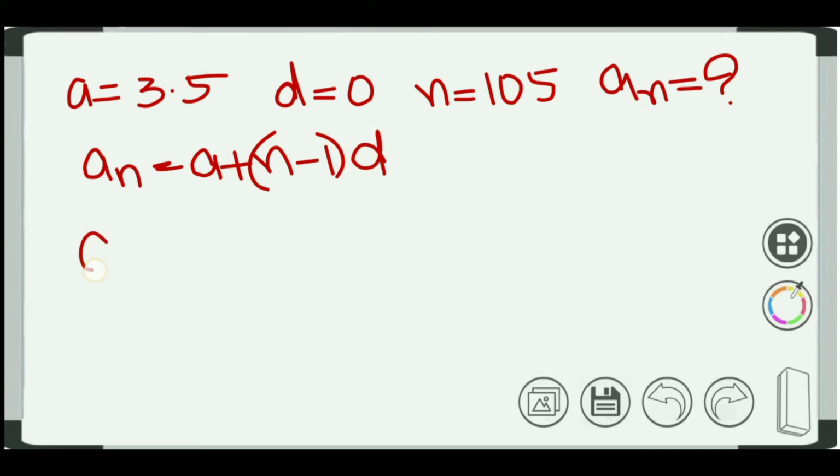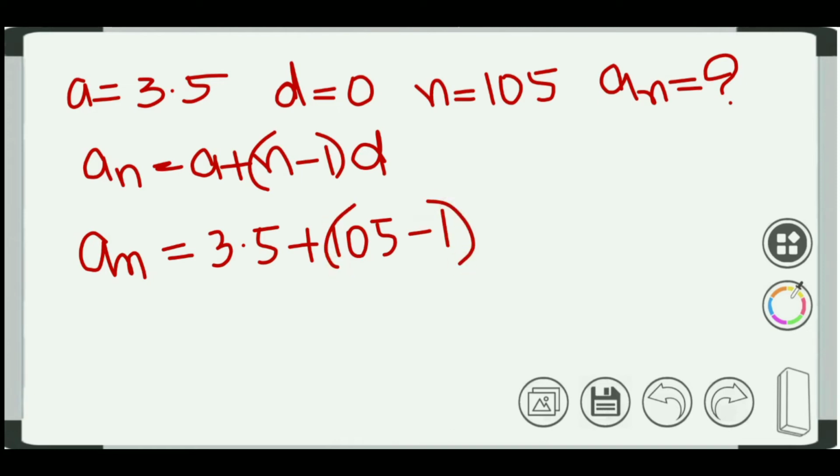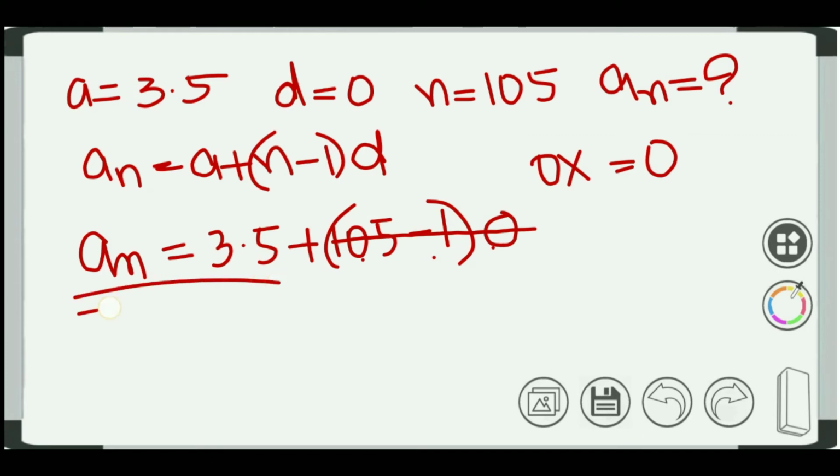An is equal to, a is given as 3.5 plus n 105 minus 1 into d, which is 0. 0 into anything is what? 0. So the whole term got cancelled because into 0. So what is remaining? An is equal to 3.5.